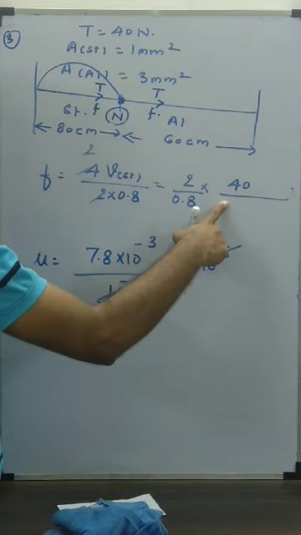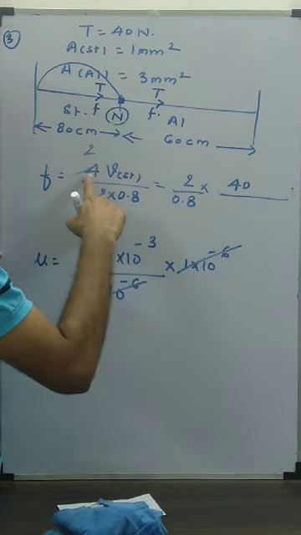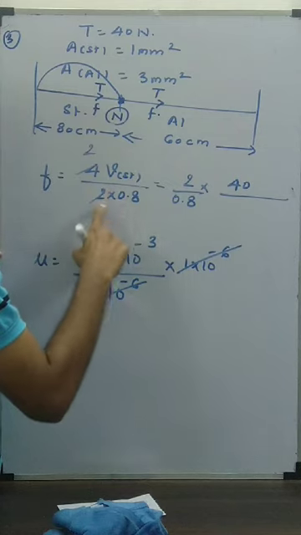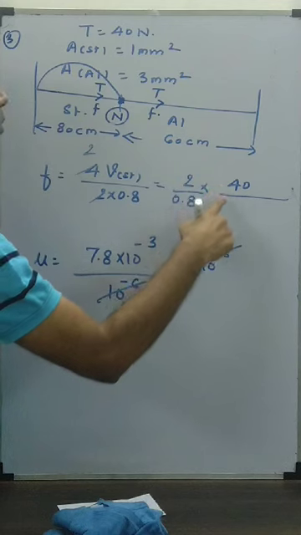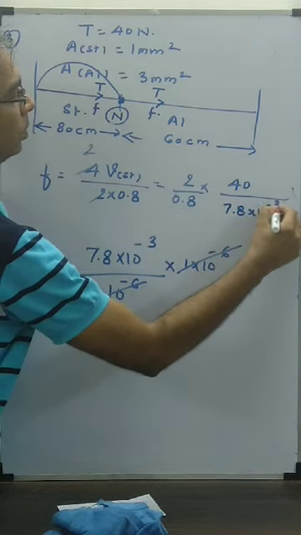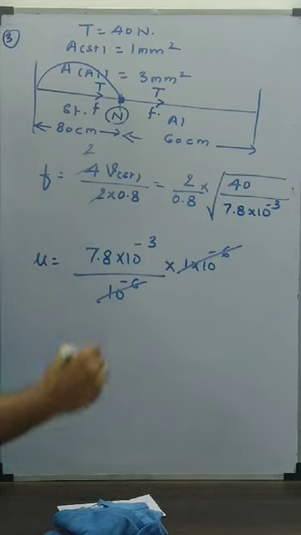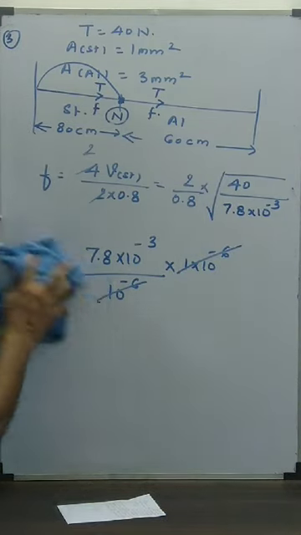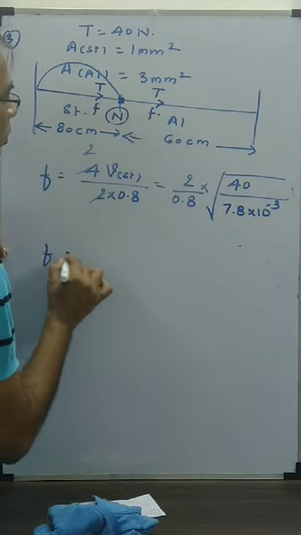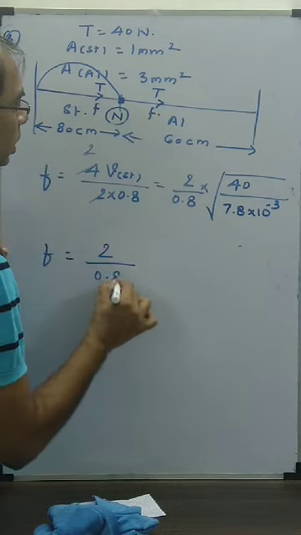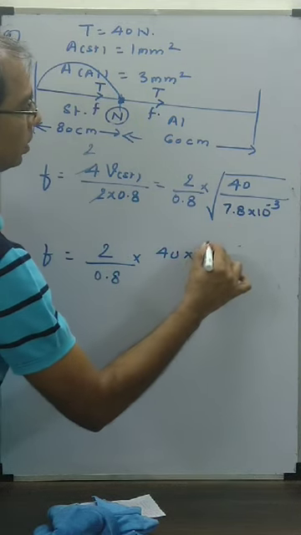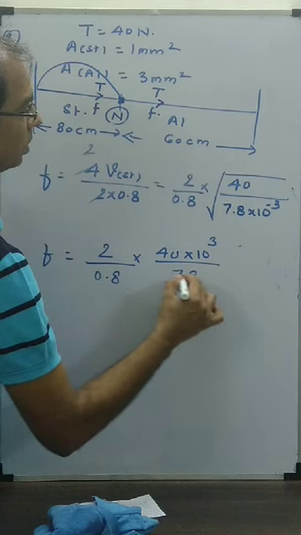What we got, let's put it over here. F is equal to n V by 2L. So V value we are writing as root over T by mu. Mu is 7.8 into 10 to the power minus 3. So F equal to 2 by 0.8 into root of 40 into 10 to the power 3 by 7.8.